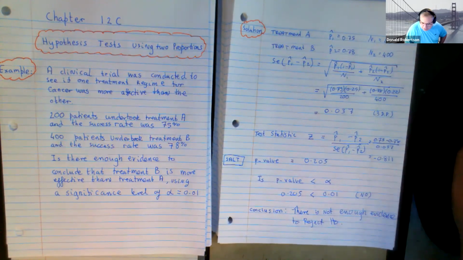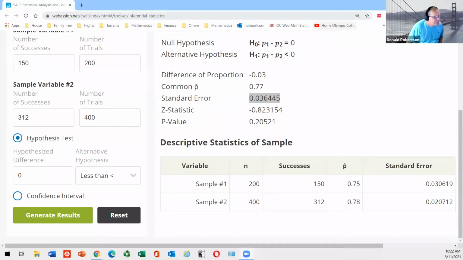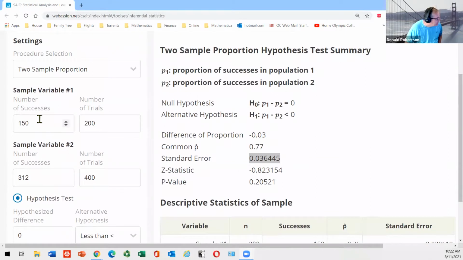Let's show you the new improved clinical trial, at least from the perspective of the pharmaceutical company. Can you trust me that that would now become 1,500 out of 2,000, right? That's 75%. And this would become 3,120 out of 4,000, right?